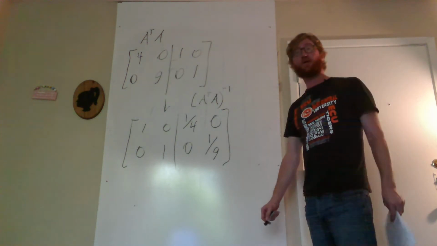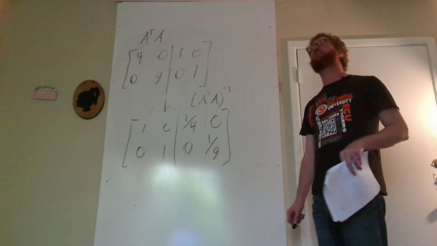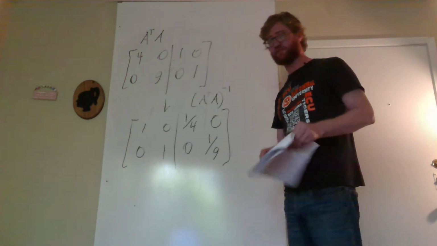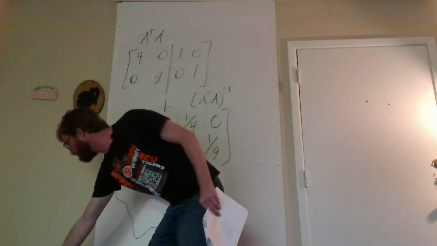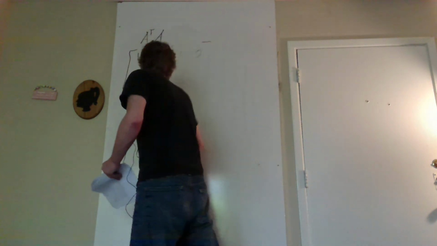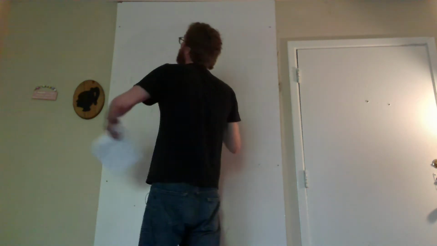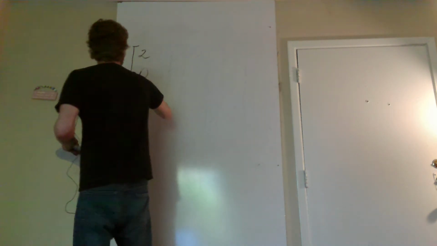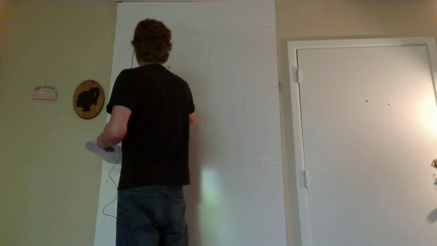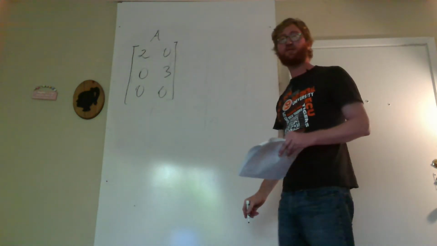Great. Now we're going to go to the next step, which is A transpose A inverse A transpose. We have 2, 0, 0, 0, 3, 0, so that's our original A that we were dealing with.